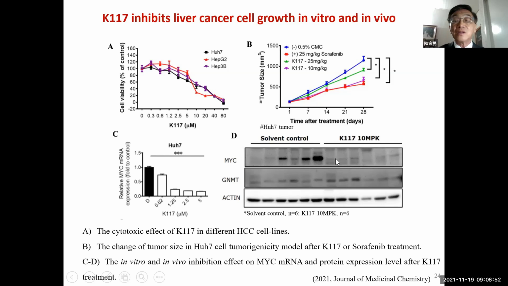And here is the in vivo Western blot data of MYC expression with K117 at 10 milligrams per kilogram treatment in mouse liver. You can see that compared to the solvent control, MYC expression was diminished in the mouse livers of different mice. But in contrast, GMT was induced.